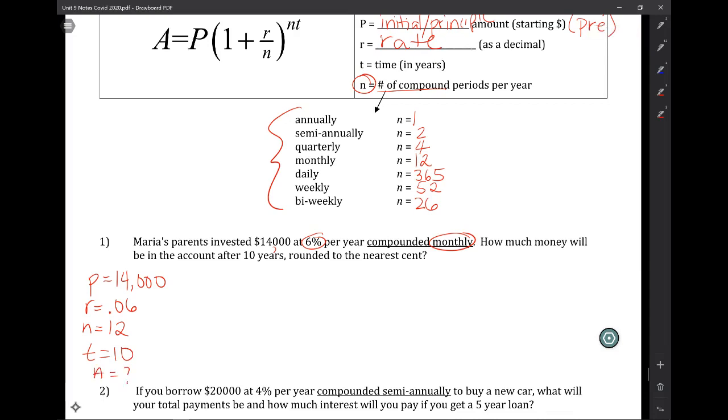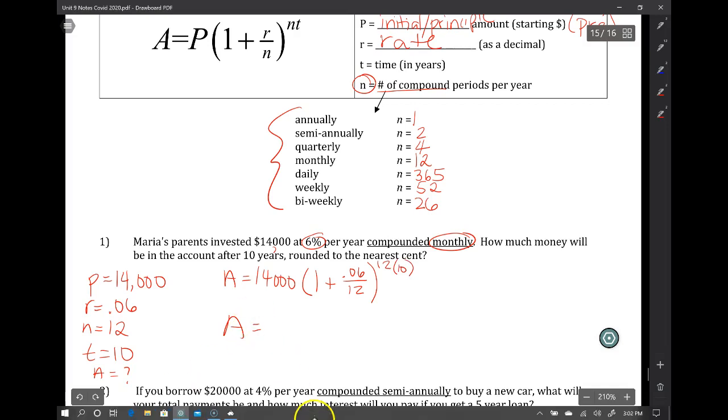So let's fill it into our formula. I tried to keep it on the screen, but you should have it on your page there. A equals 14,000, that's our initial amount, times 1 plus the rate divided by the number of compounds, raised to the N, so 12 times per year for 10 years. You can literally type that entire thing all in one fell swoop.